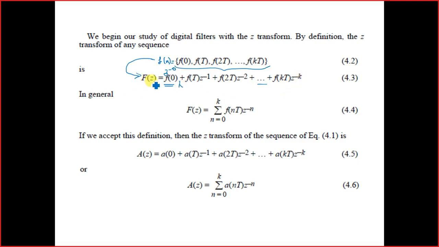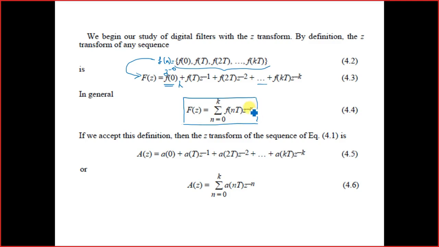Now, if we want to generalize this equation, then we get F of z is equal to summation of n equals 0 to k, f of nT multiplied by z to the power minus n.